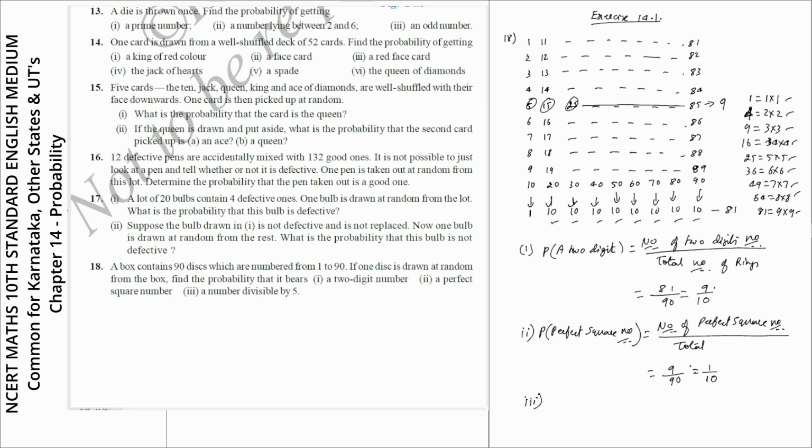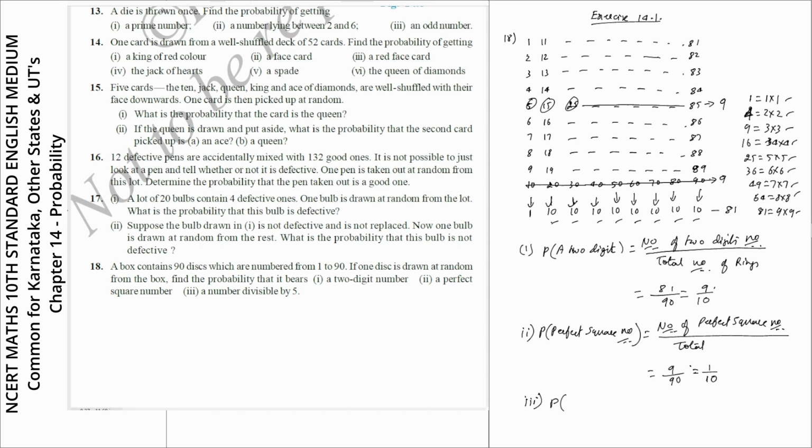Similarly, 10 is divisible by 5, 20 is divisible by 5, 30 is divisible by 5. All these numbers in this row are divisible by 5. So here also there are 9 numbers.